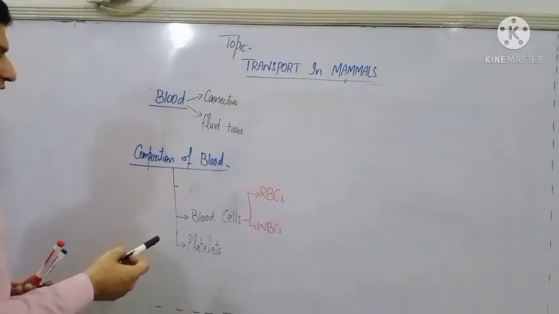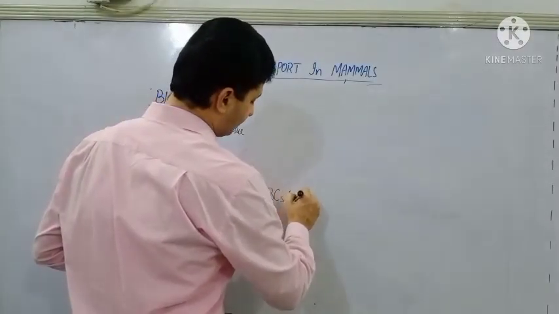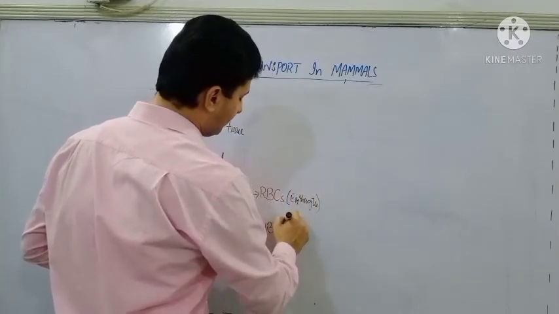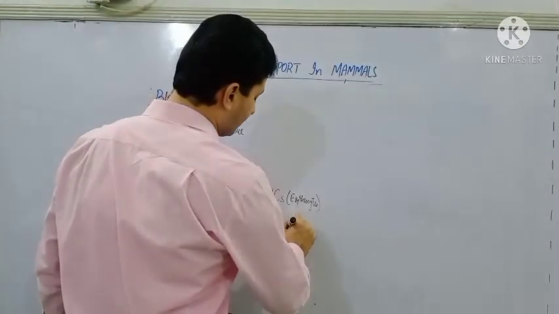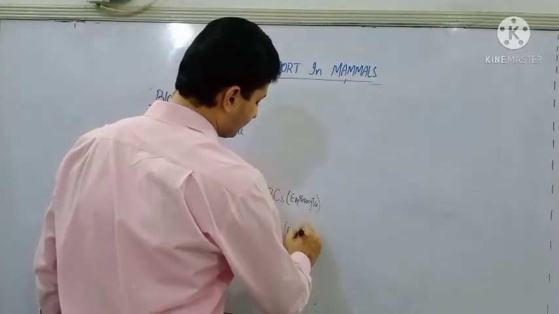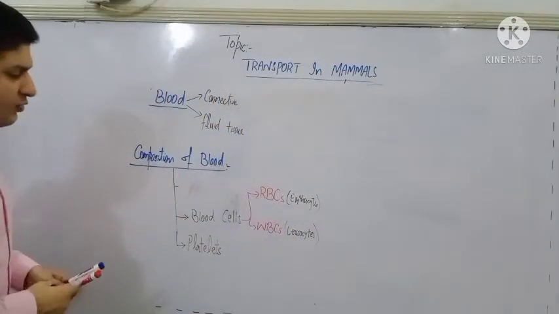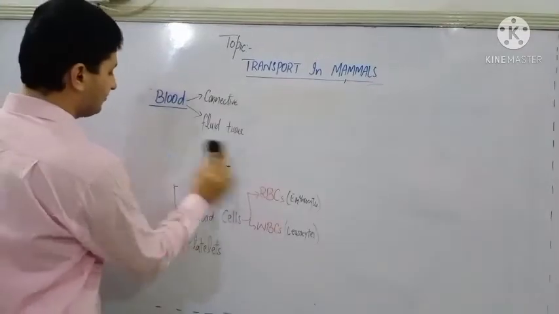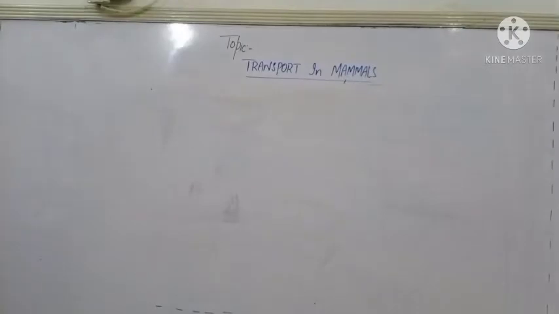Red blood cells are also known as erythrocytes, and WBCs or white blood cells are also known as leukocytes. Now we are going to discuss the composition and functions of the red blood cells or erythrocytes.